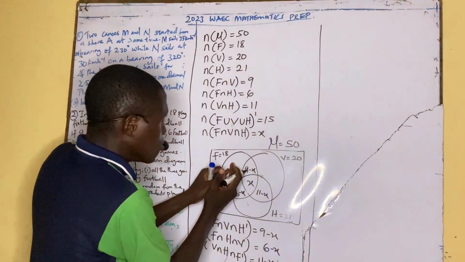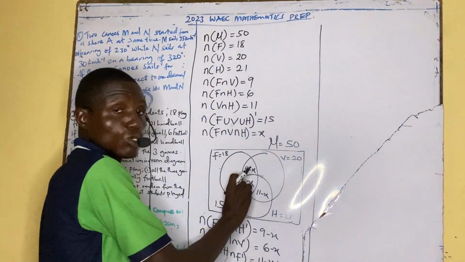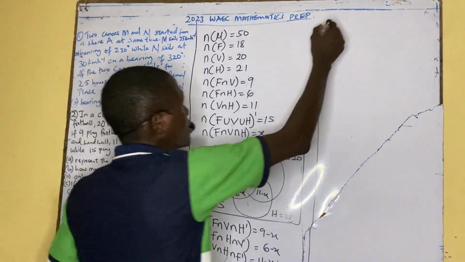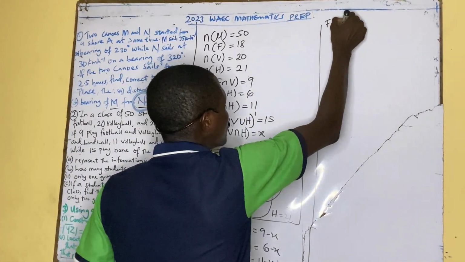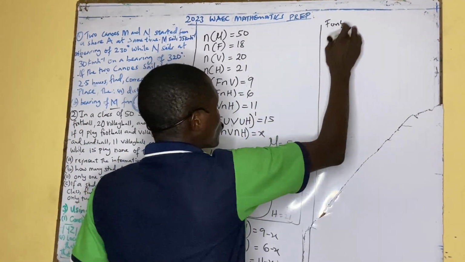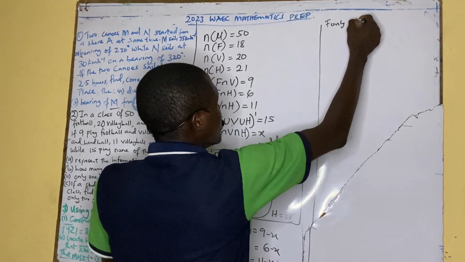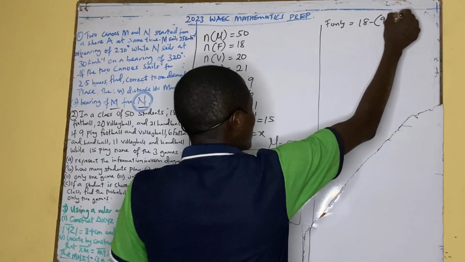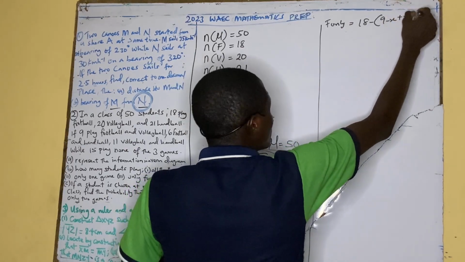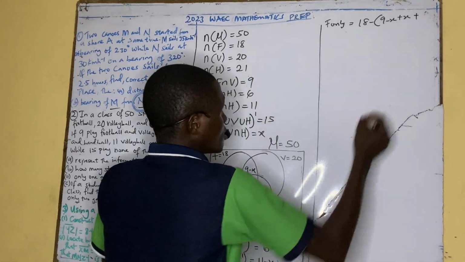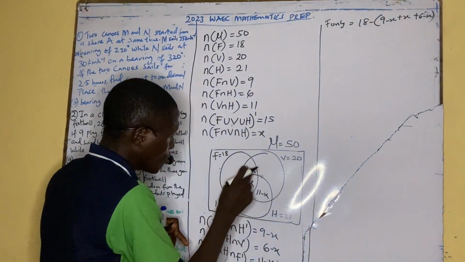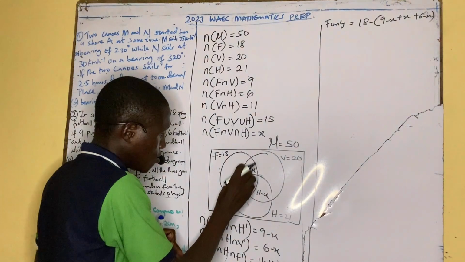Now, to get football only, you are going to add up the intersections together and remove it from 18. So football only, I'm using F, will equal 18 minus the addition of 9 minus X plus X plus 6 minus X. Please note that you remove every one of these from this.